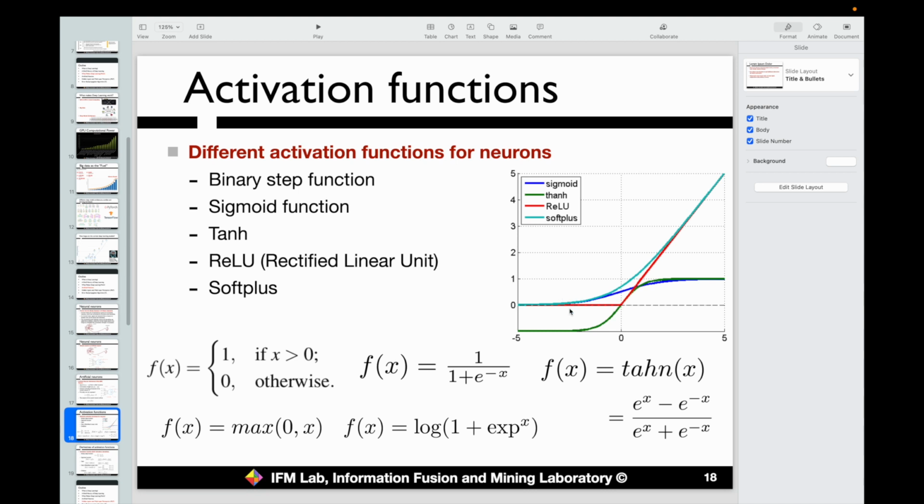So to address this problem, we also have another activation function which is called softplus. The softplus is more like the smooth version of the ReLU. We also show the softplus curve on the right hand side. The red line is ReLU, and this lighter blue curve is called softplus.